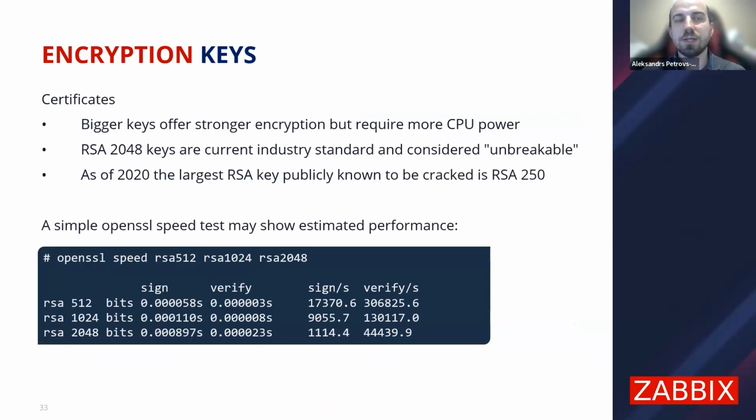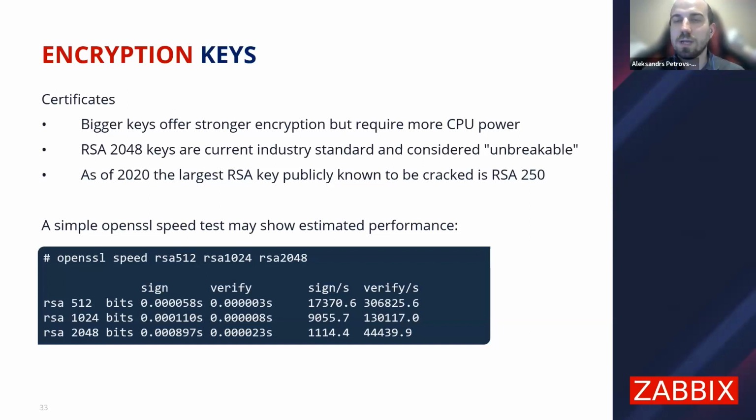But the certificates, again, even though they offer stronger encryption, they require more CPU power. And the common industry standard is the RSA key length of 2048 bits. Those are considered to be unbreakable. As of 2020 specifically, the largest RSA key publicly known to be cracked is RSA-250, so 250 digits.